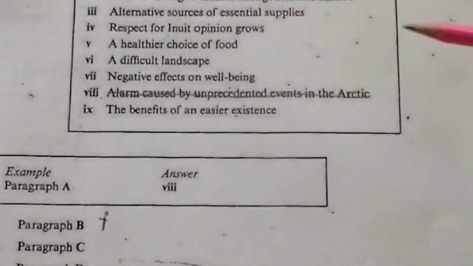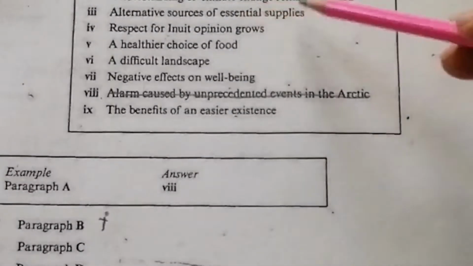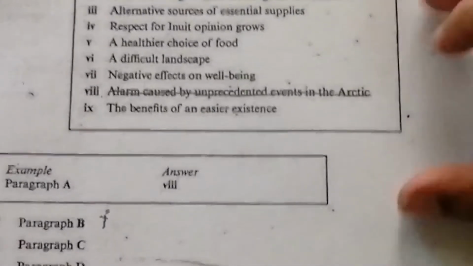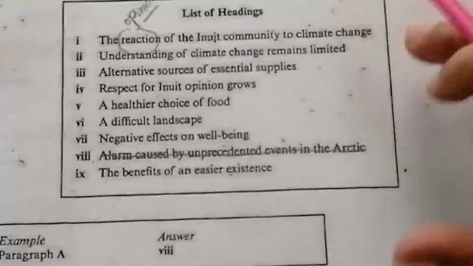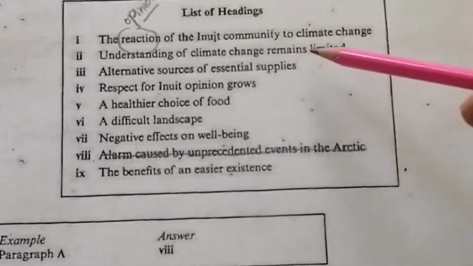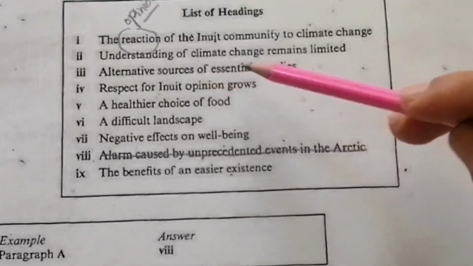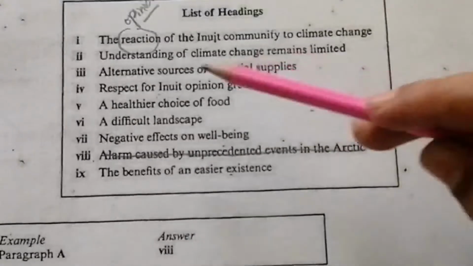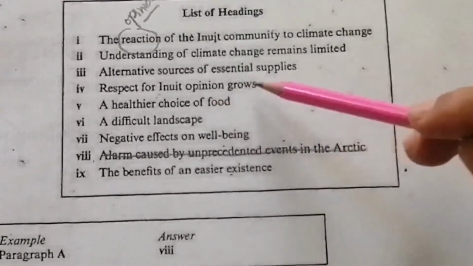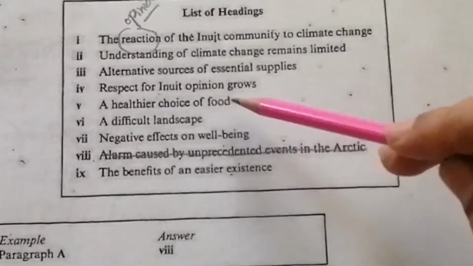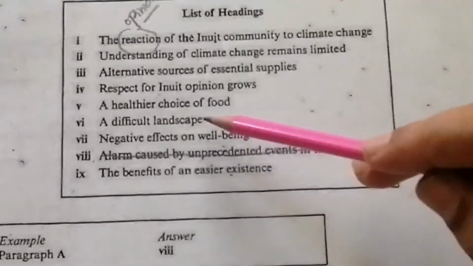So let's find the headings. Understanding of climate change remains limited. No. Alternative source of essential supplies. No. Respect for Inuit opinion grows. No. A healthier choice of food. No. A difficult landscape.